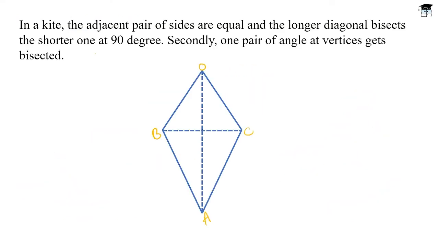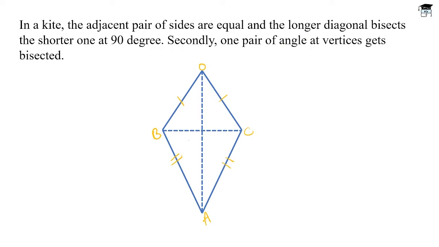In a kite, the adjacent pairs of sides are equal, and the longer diagonal bisects the shorter one at 90 degrees. OB is equal to OC and BA is equal to CA.